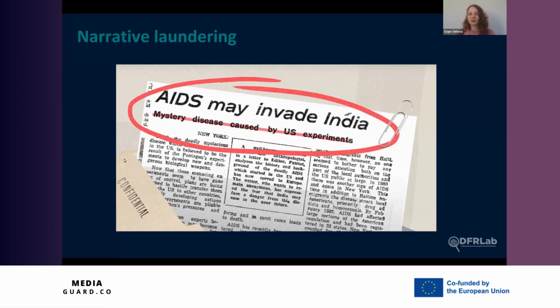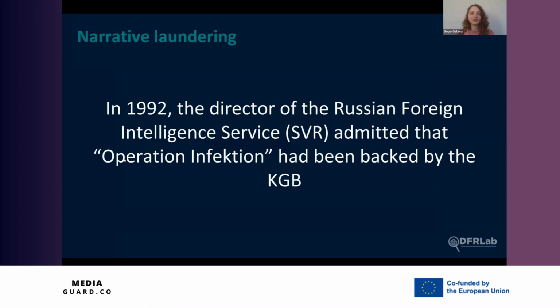The aim why it was deployed in an Indian magazine was to hide the actual actor behind it. And in 1992, there was already recognition that the Russian Foreign Intelligence Service, the KGB, was behind Operation Infection. There was one very interesting question for me.